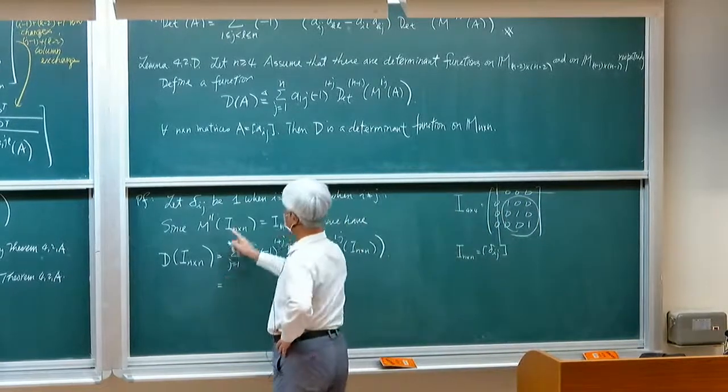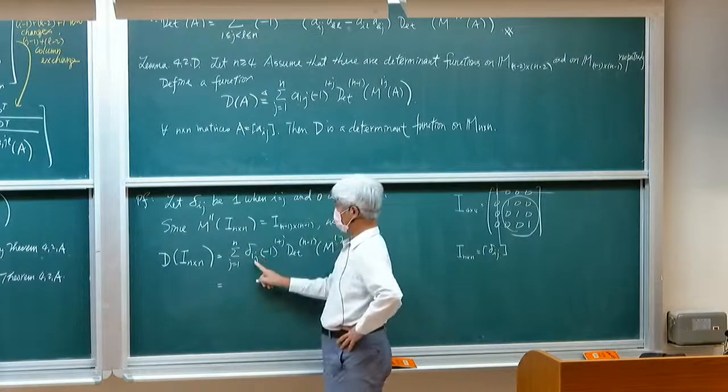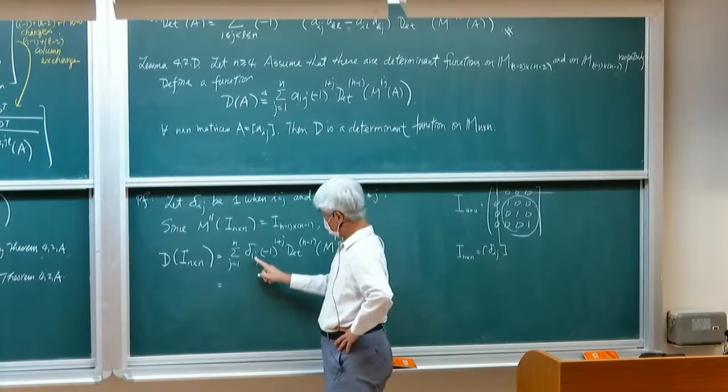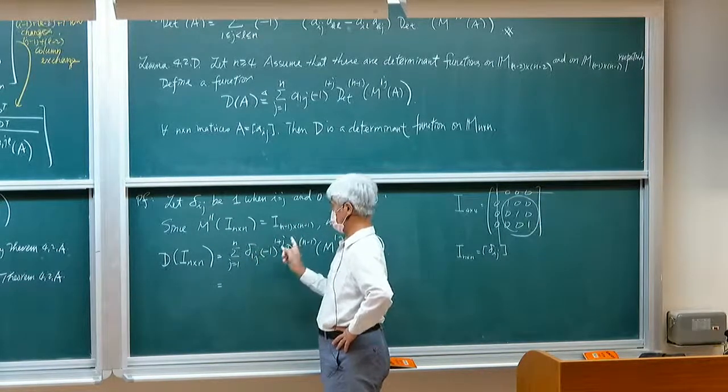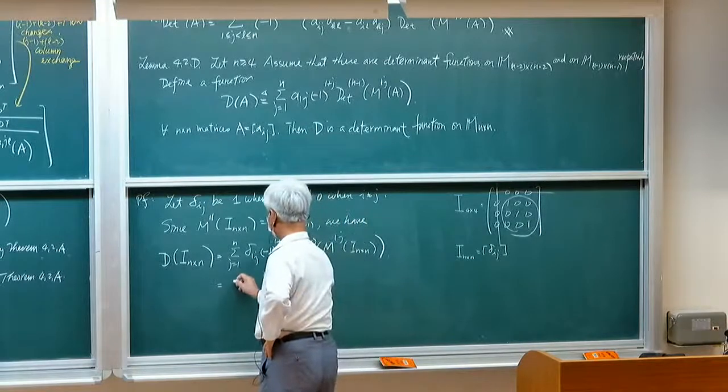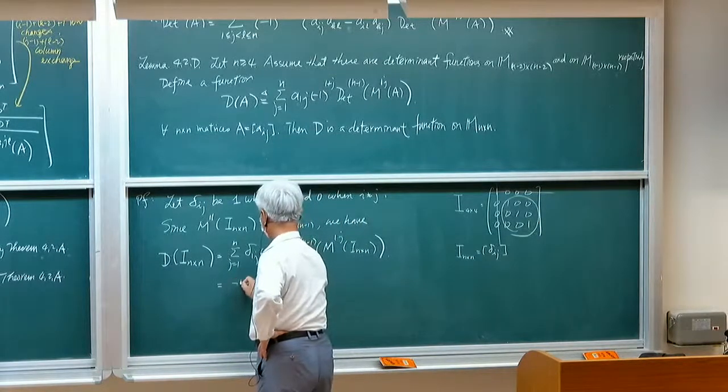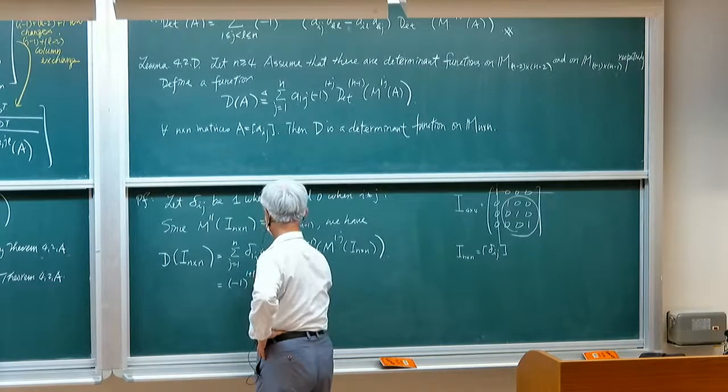Delta 1j is 1 if j equals 1; if j is not equal to 1, then delta 1j is 0.